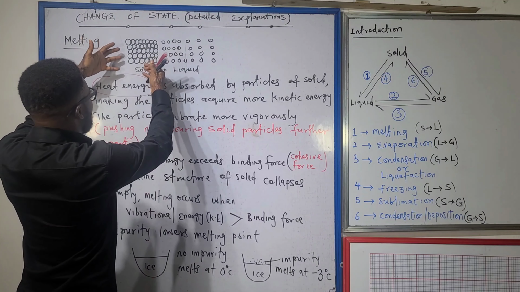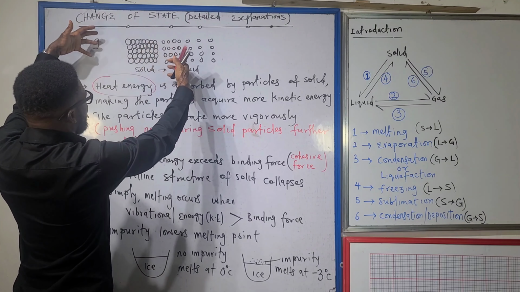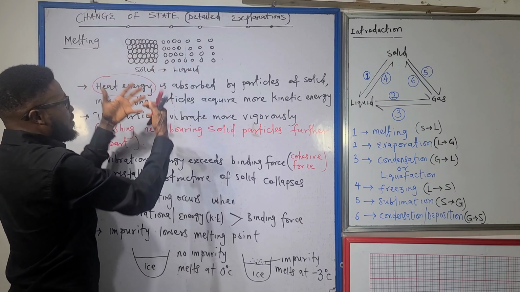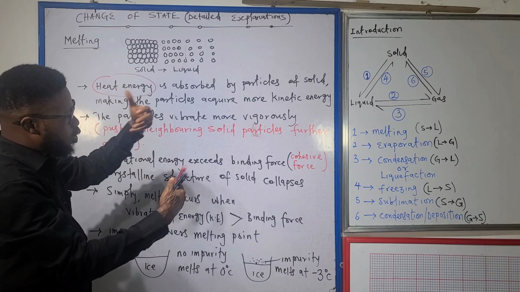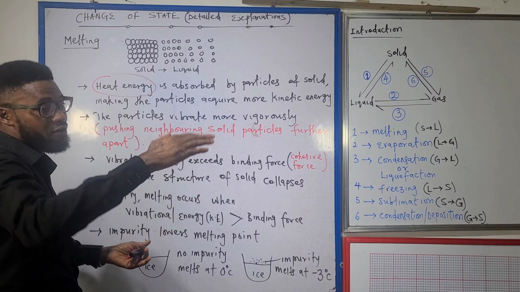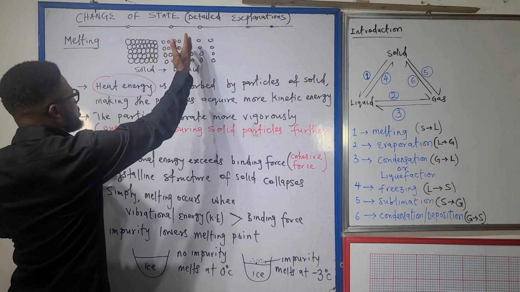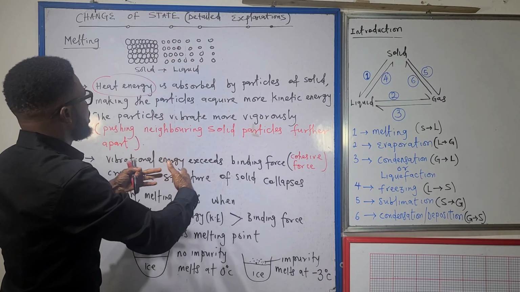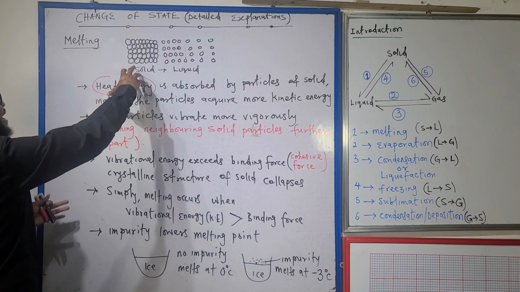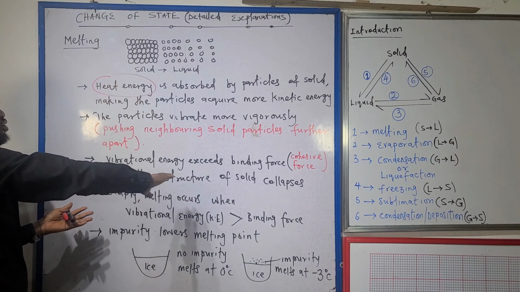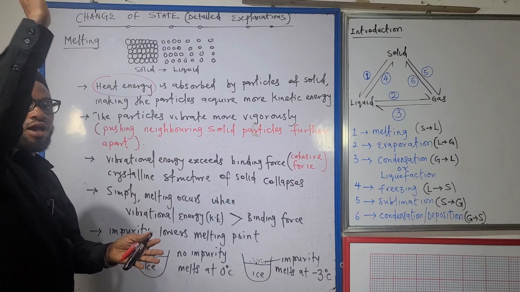Recall that solid particles are close and well knitted together by strong cohesive force. But now that they have acquired more kinetic energy and could vibrate more vigorously, they push neighboring solid particles farther apart. Now, the vibrational energy exceeds the binding force, exceeds the cohesive force. And once that happens, the crystalline structure of the solid suddenly collapses.